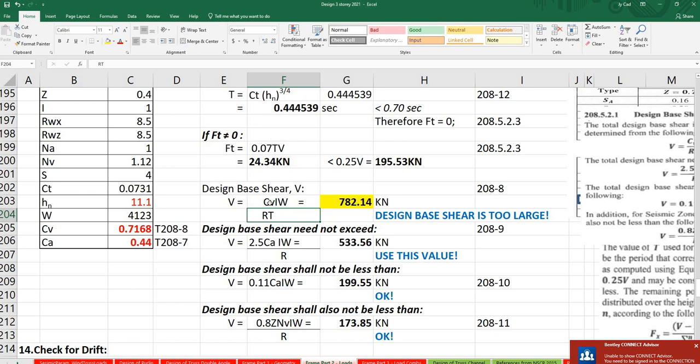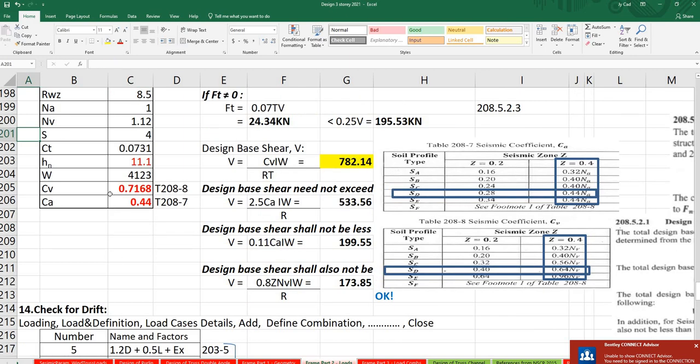Ngayon, kunin natin yung value ng CV. From table 208-8, kunin natin yung CV. Tapos, table 208-7 yung value ng CA. From this table, ang ating seismic zone is 0.4. So, dito tayo sa column na yan. And then, ang ating soil profile type is 4, which is also D. Okay? This is 1, 2, 3, 4.